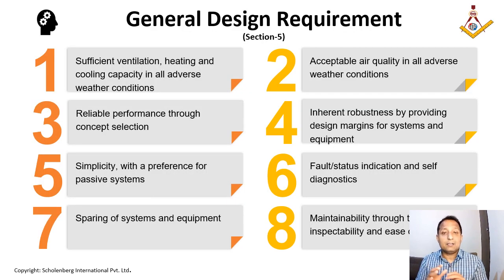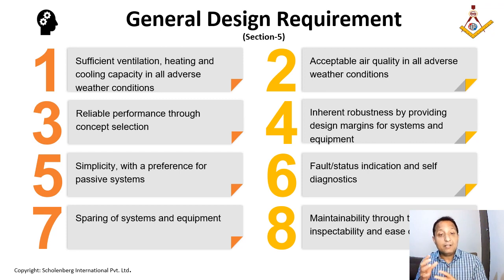If you look at the general design requirements in section 5, it covers that when you design any HVAC system for an offshore oil and gas platform, there are 8 points which we need to keep in mind while designing. First, sufficient ventilation, heating and cooling capacity in all adverse weather conditions. Second is acceptable air quality in all adverse weather conditions. Third is reliable performance through the concept selection. Fourth is inherent robustness by providing design margin for the system and equipment.